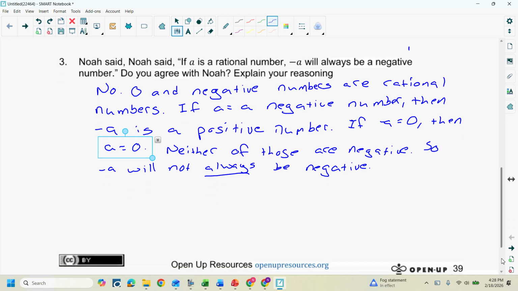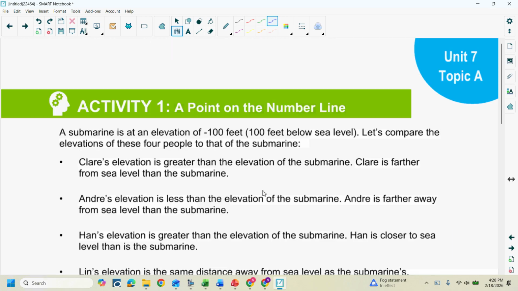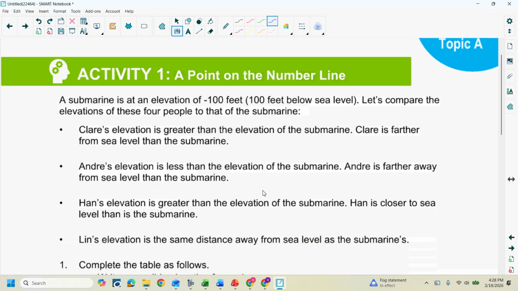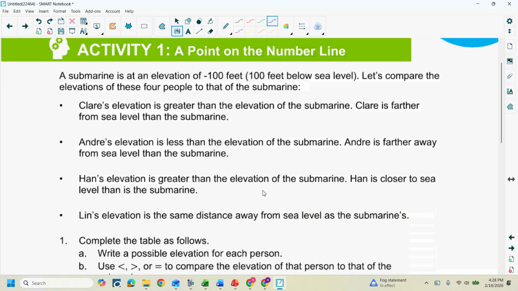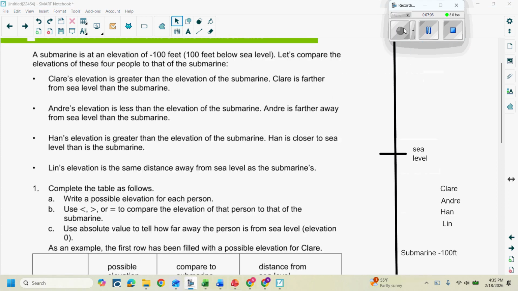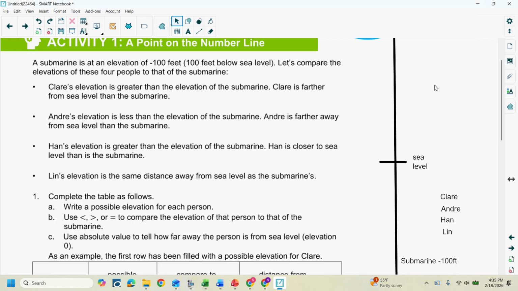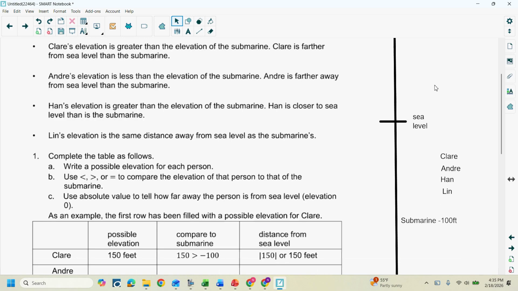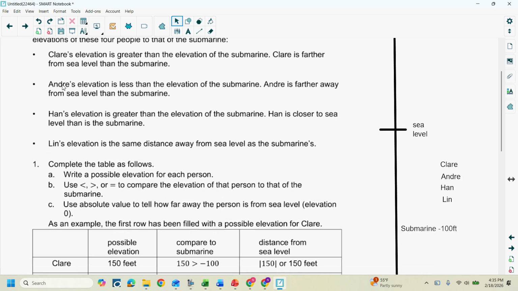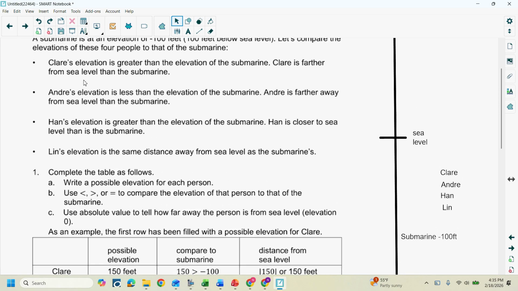Okay. So now, when we take a look at Activity 1, I'm going to pause for a minute. All right, so I did a little setup here, and we've got this little vertical number line type thing, and we've got a little logic puzzle type thing here.